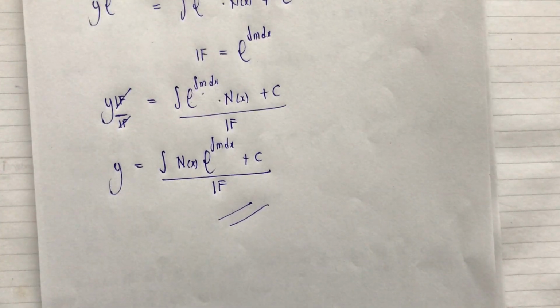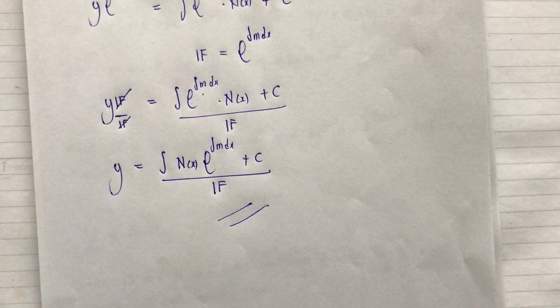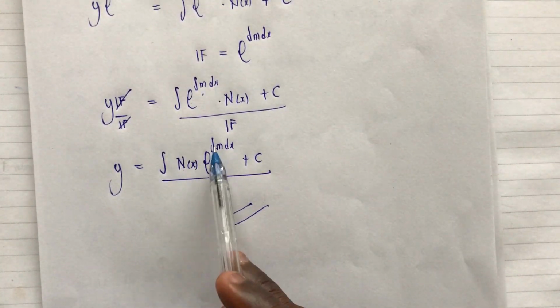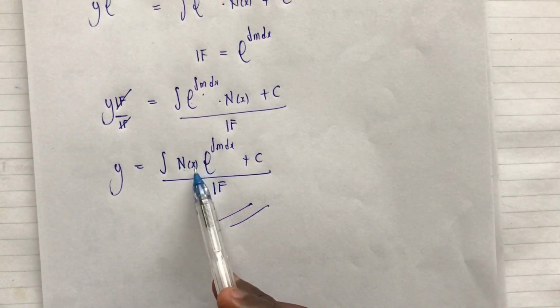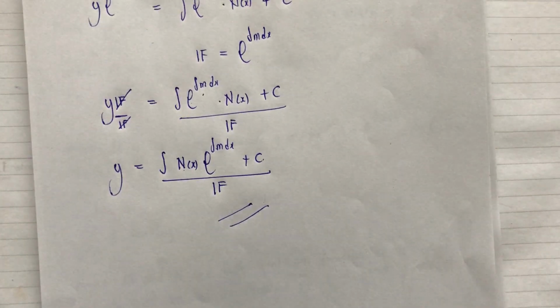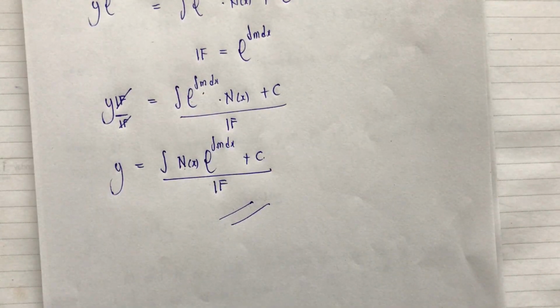We have proved that y is equal to the integral of n e to the integral of m dx plus c. And I'm saying that m and n are two separate functions in terms of the variable x, with the constant of integration and the integrating factor, which is the same as this one. So this is how we prove it.